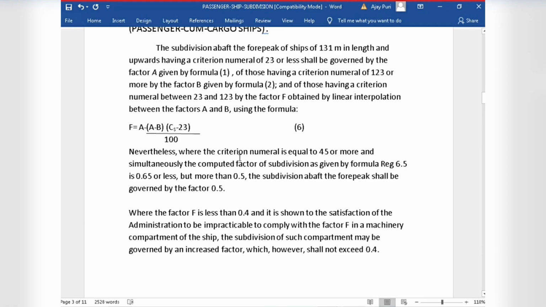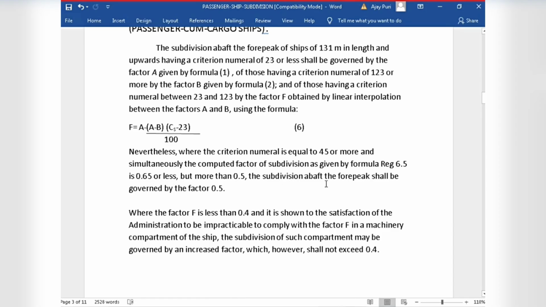Nevertheless, when the criterion numeral is equal to 45 or more and simultaneously the computed factor of subdivision as given by the formula is 0.65 or less but more than 0.5, the subdivision above the forepeak shall be governed by factor 0.5. So that is when your criterion number CS is 45 or more, and the subdivision factor is 0.65 or less but more than 0.5.